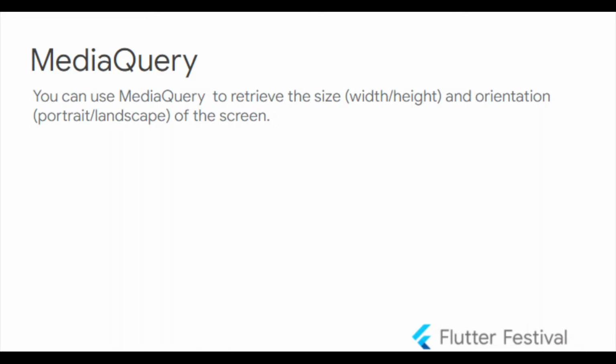How can we get those things from the user? By using the MediaQuery widget. MediaQuery provides the width and height of the screen and the orientation, so that the developer can easily create conditions.